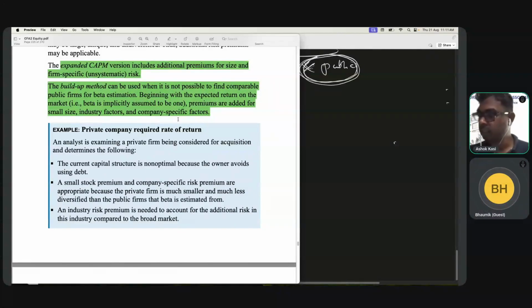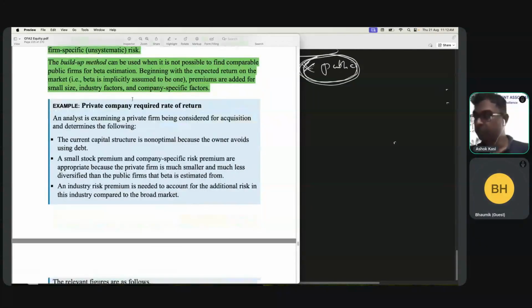The build-up method can be used when it is not possible to find comparable public firms for beta estimation. Beginning with the expected return on the market, beta is implicitly assumed to be 1. Premiums are added for small size, industry factors and company-specific risk. We'll see this now.